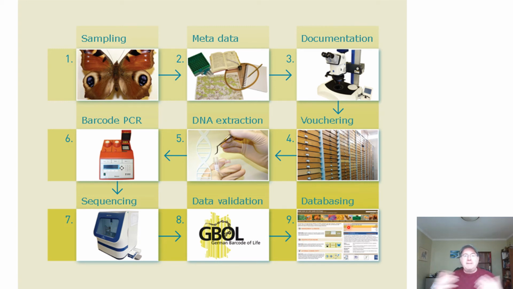So that's the basic protocol to get all this stuff identified. And this database will have sequences from other specimens that have been identified, hopefully authoritatively identified, such that if your sequence from here matches what's in the database, then you have an identification there. So that's the protocol.